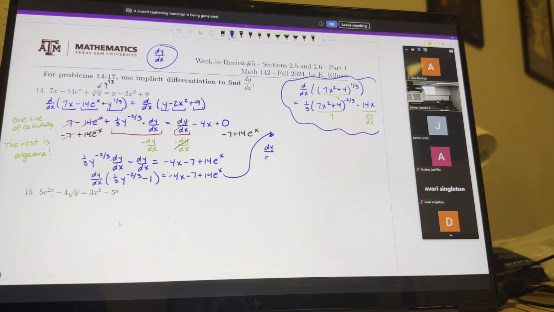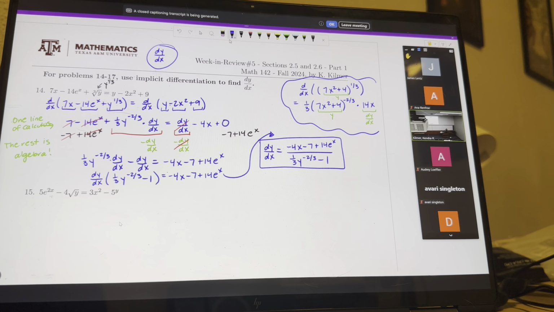If I divide both sides by what I have in parentheses on the left-hand side, I end up with dy/dx equal to negative 4x minus 7 plus 14 e to the x, all divided by 1/3 y to the negative 2/3 minus 1. We are able to find the derivative of y with respect to x without knowing what y is as a function of x. So we can find the slope of the tangent line to the curve of this graph without even knowing what y is.